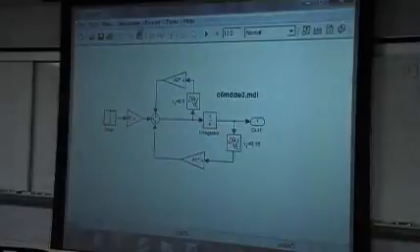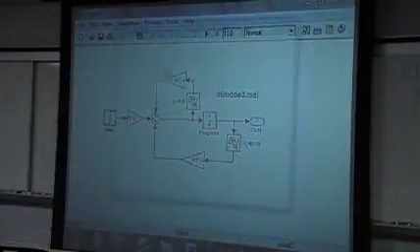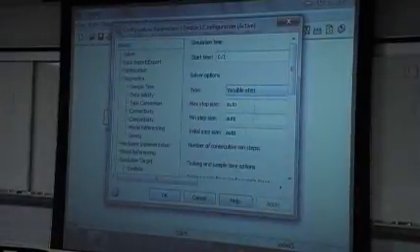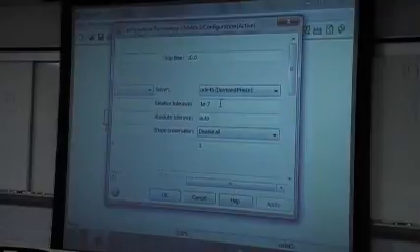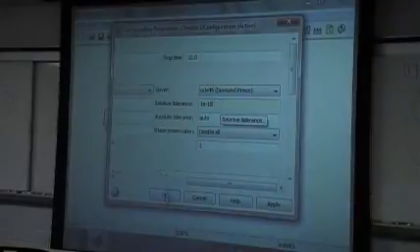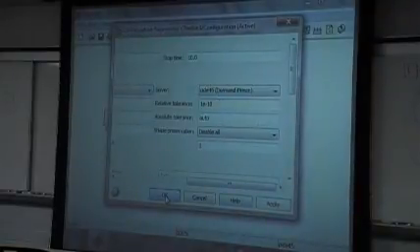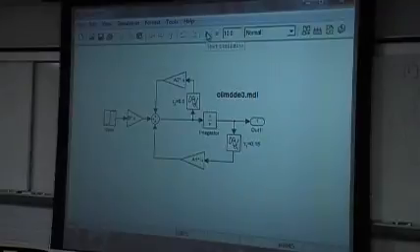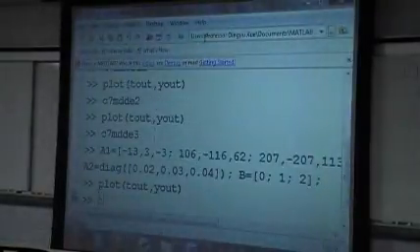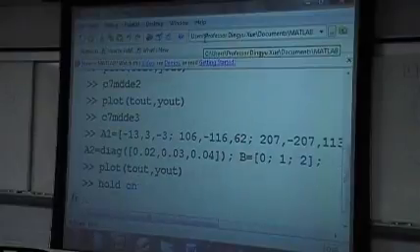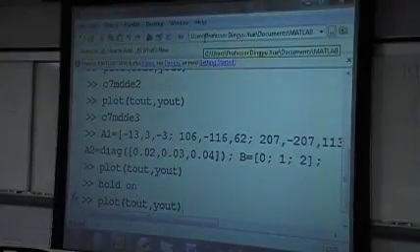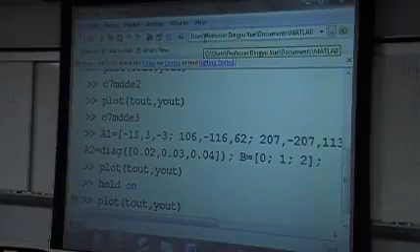What we need to do is to change the parameters here in this dialog box. We change it to 10 to the power of minus 10. Then we can perform simulation again, and we can hold the original result and draw the new result on top of the old results.